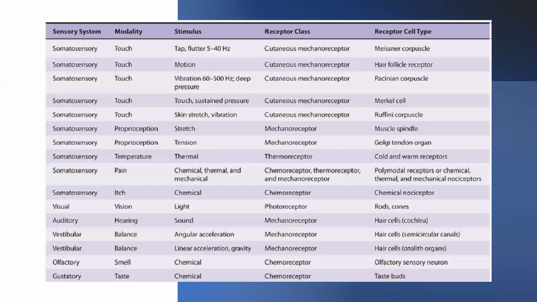So you will find in one of your textbooks a table that summarizes the principal sensory modalities. These tables enumerate the sensory system involved, what modes can be perceived by these sensory systems, what stimuli are perceived, what kind of receptor actually interacts with the stimulus, and finally what kind of cell type contains the receptors that respond to the stimulus in the environment.